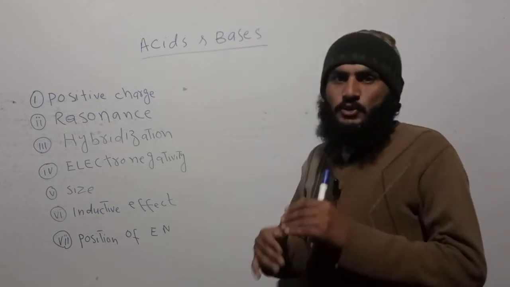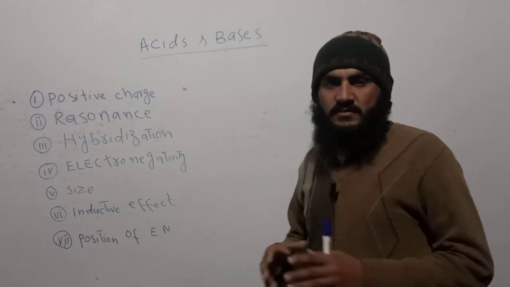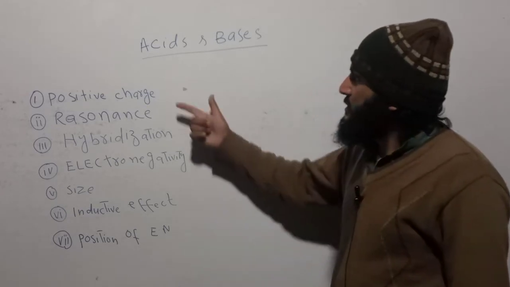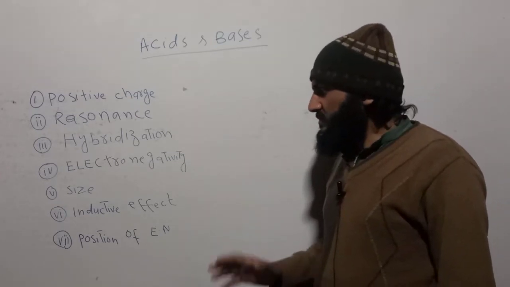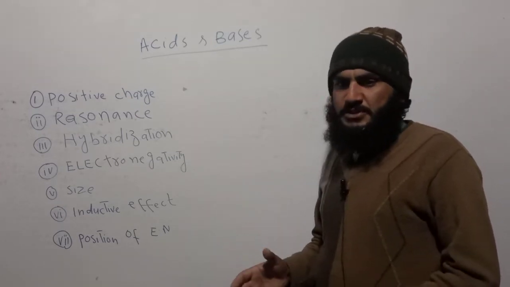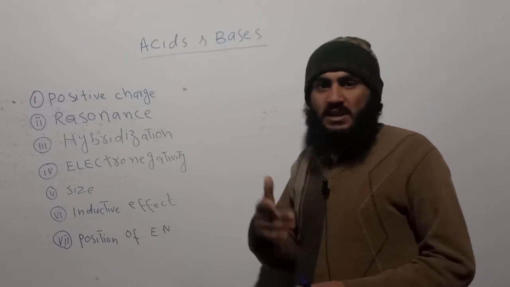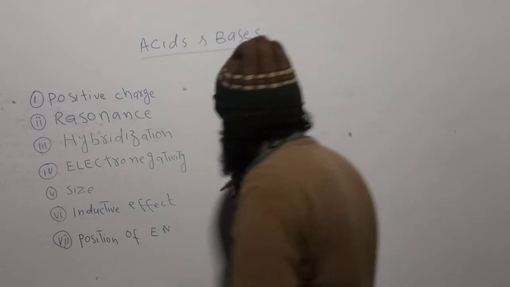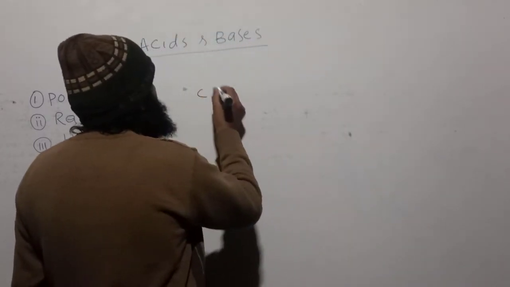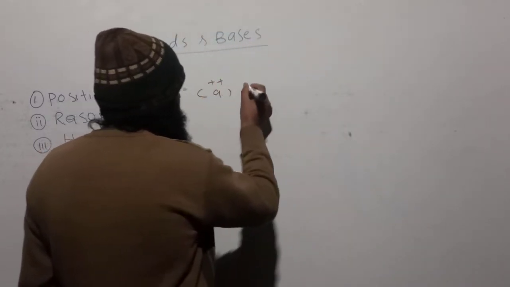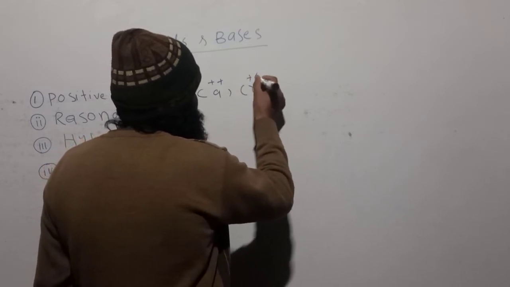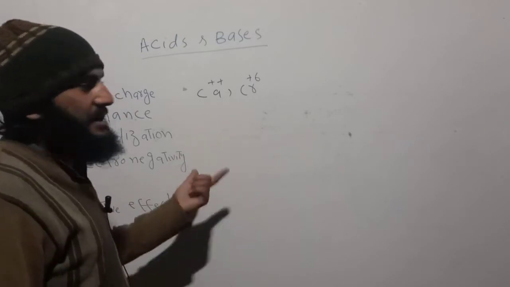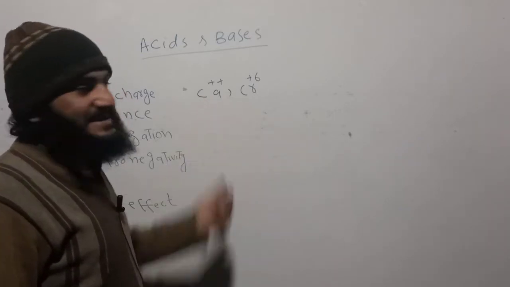You have already studied different concepts about acids and bases. Positive charge means a species which has already lost some electrons. For example, calcium plus 2, chromium plus 6. These species have lost some electrons, so these are acids.